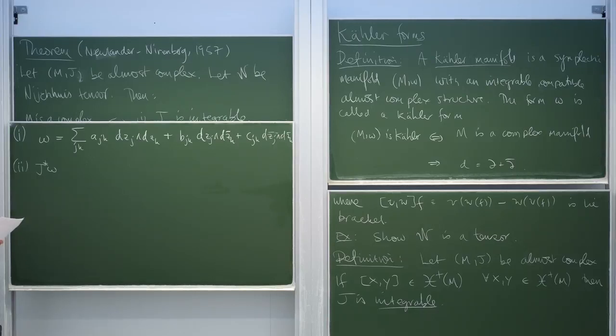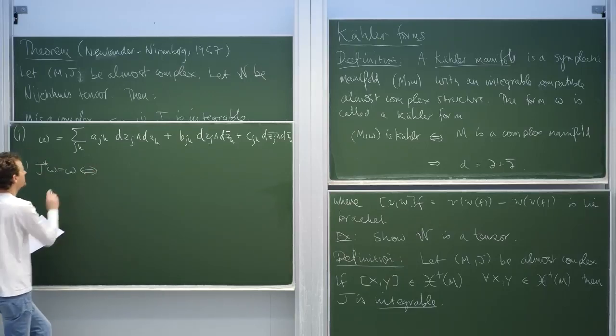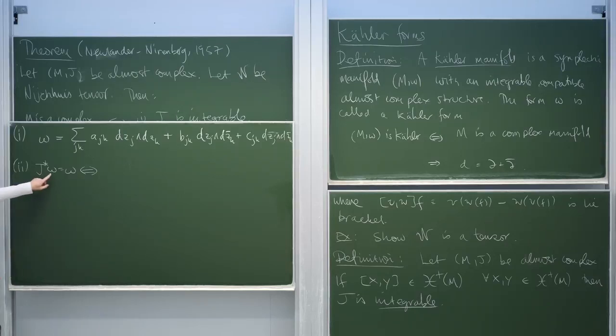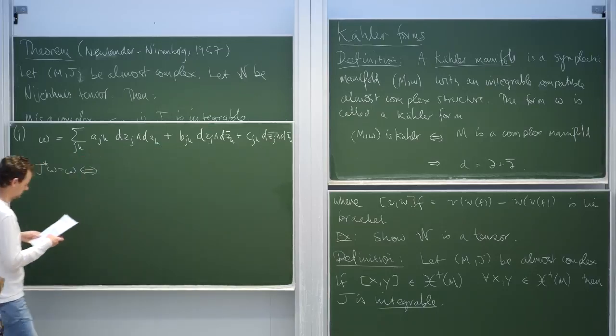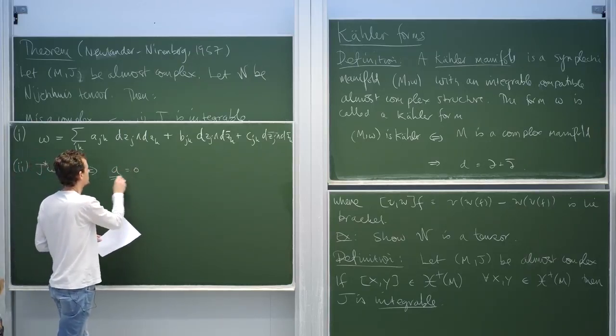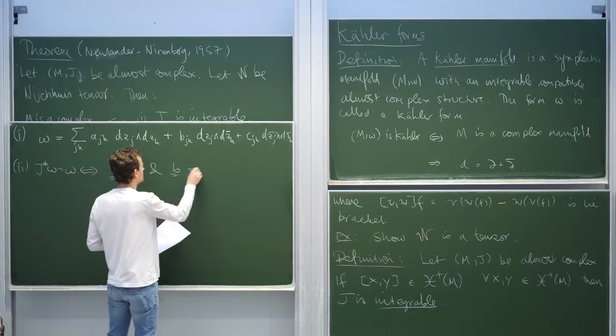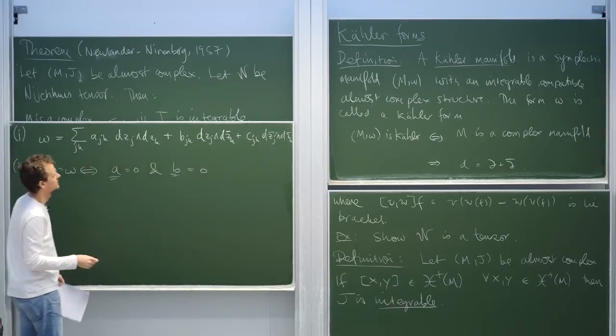Let's use the fact that our complex structure is compatible with the symplectic 2 form. Well, that can only happen if you pull back omega and get omega. That can only happen if the A's and the C's vanish. So what does this mean?